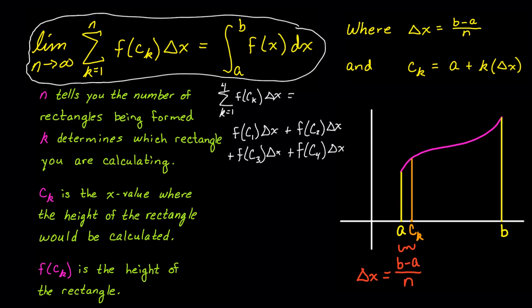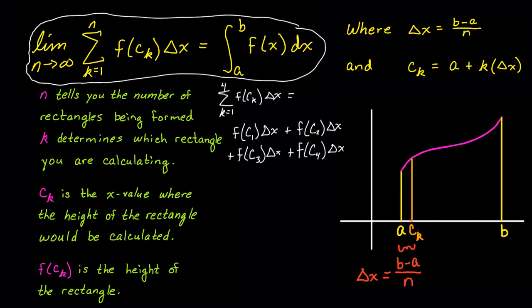Now, what you'll notice over here is that we have the lower bound a and upper bound b. C sub k is going to be the breaking points for each of the rectangles in here. So C sub 1 would be the first segment for the rectangle.